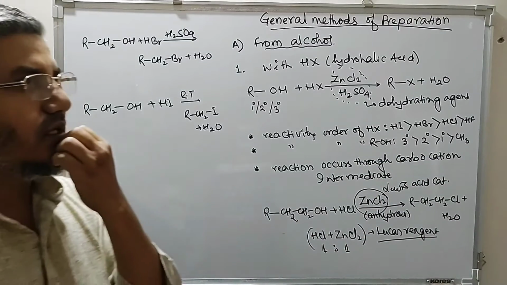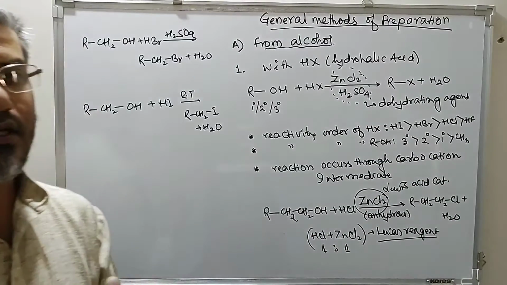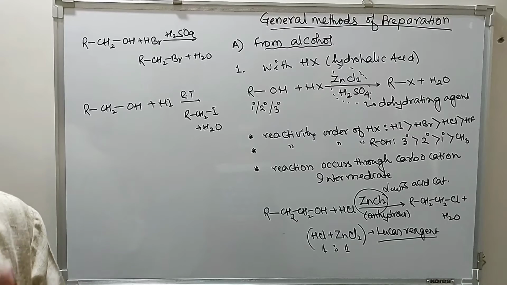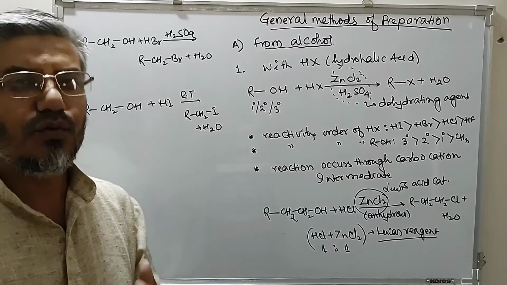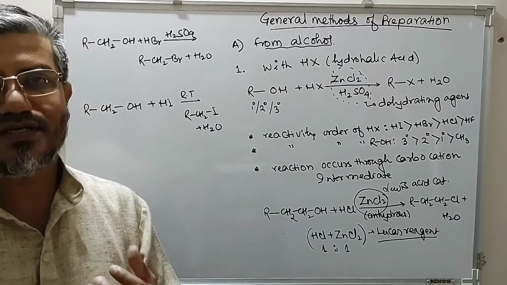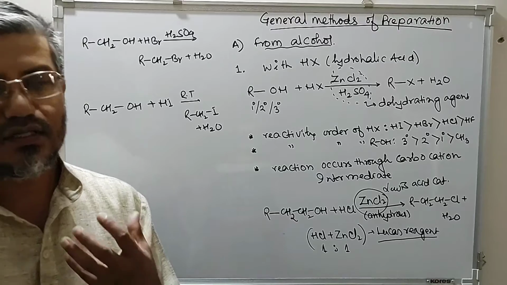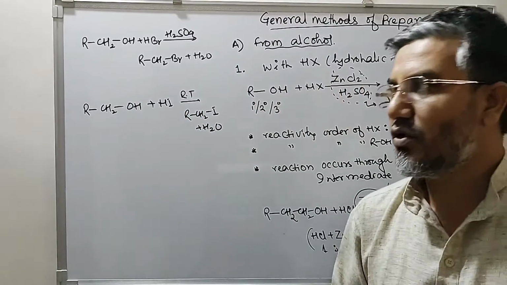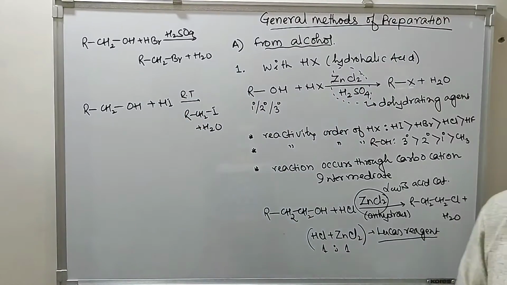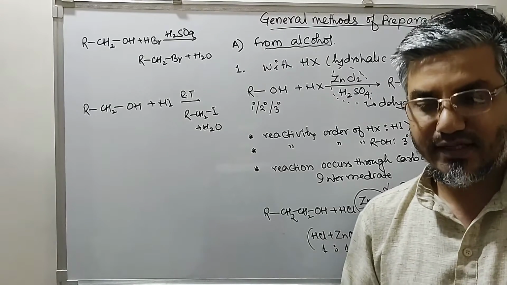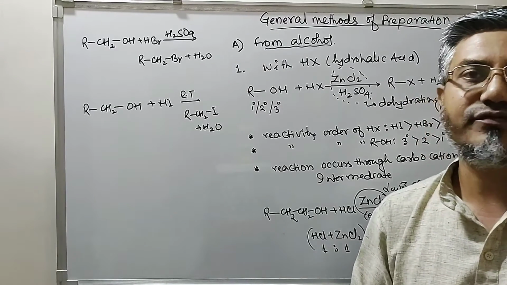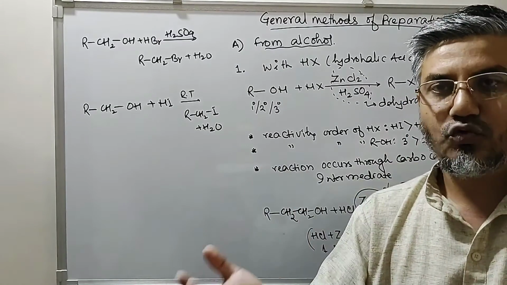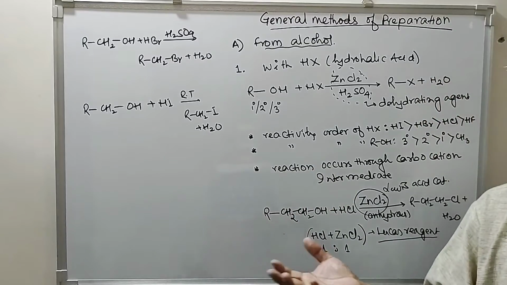Now the question is, whenever a carbocation is formed as an intermediate, most likely there may be some abnormal product. This abnormality is due to the rearrangement of the carbocation, because a carbocation has a tendency to undergo rearrangement from a less stable to a more stable carbocation.